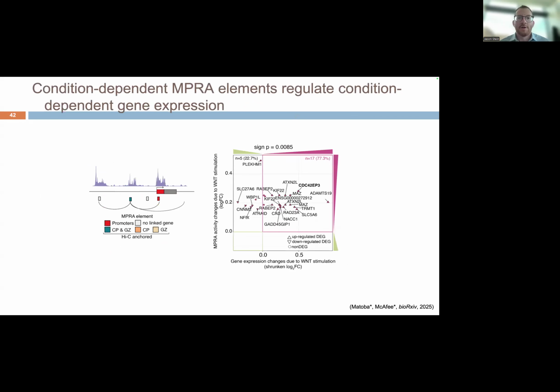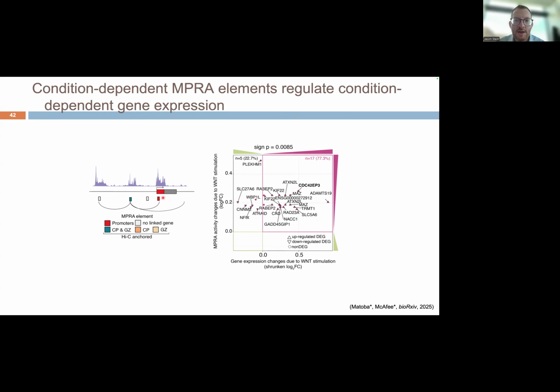Okay. In order to determine the downstream impacts of these condition-specific EMPRA elements, we then mapped each of these elements to genes they could possibly function on, using either location at the promoter or chromatin interactions to genes of interest for distal elements.